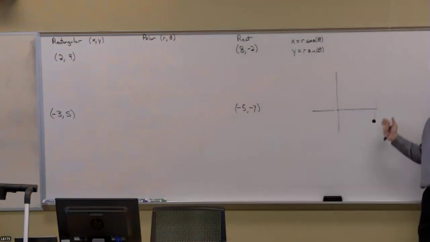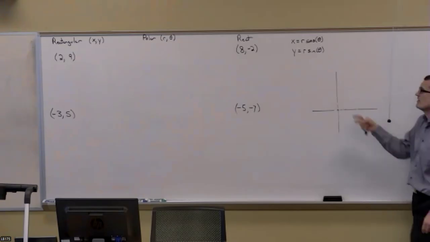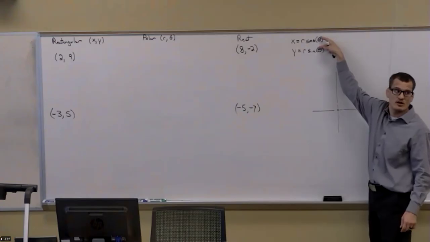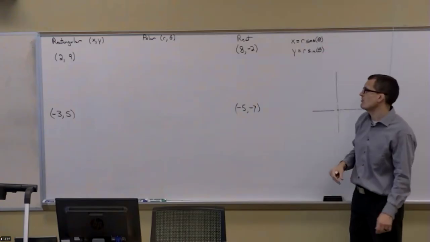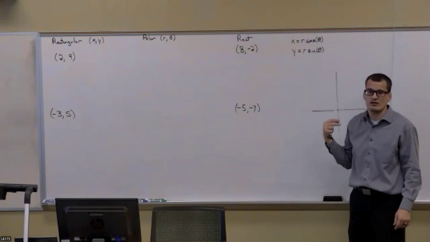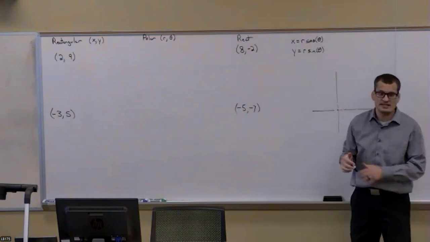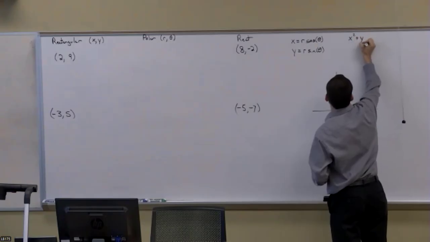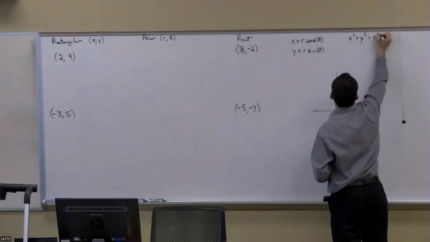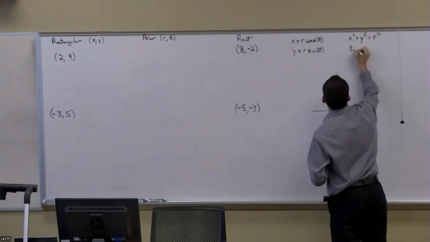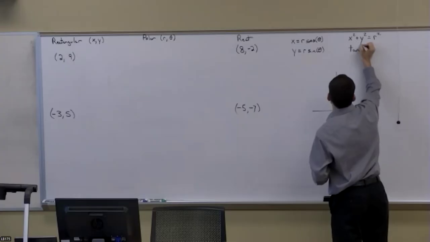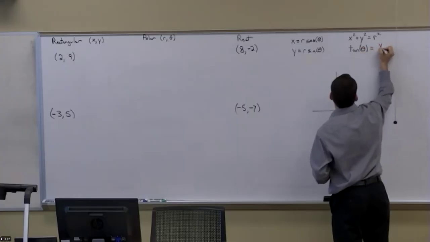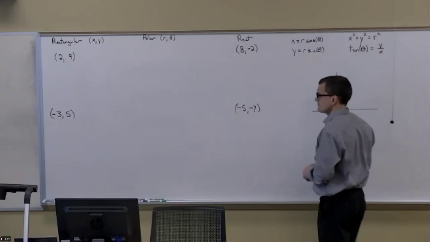Now, the equations I used to go from polar to rectangular were these two. The ones that I used to go from rectangular to polar, generally speaking, are the other two. The one that is the Pythagorean theorem, and the one that says tangent of the angle is equal to y over x.